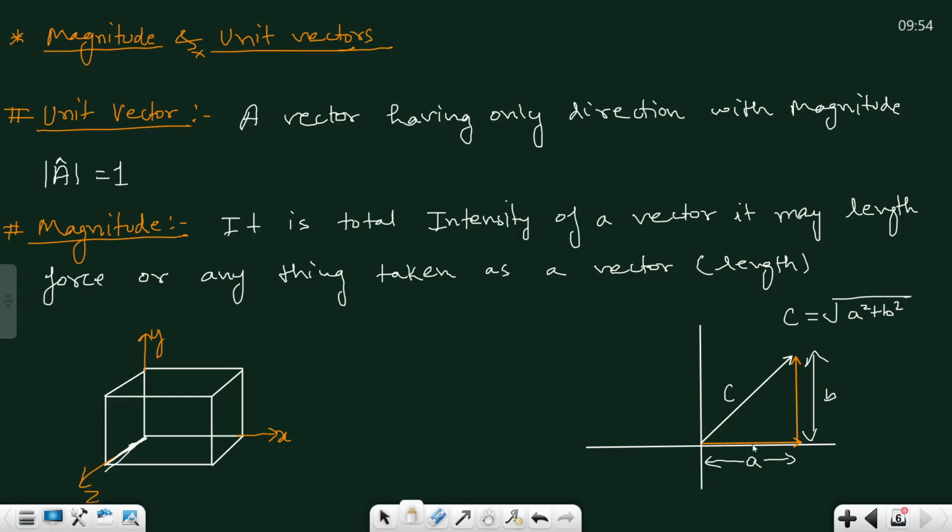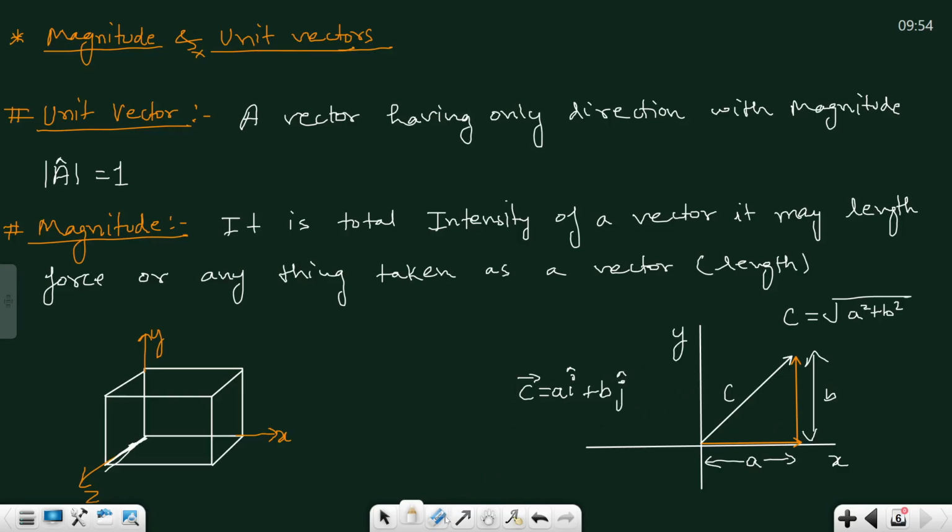So this vector is having two parts. One is along x-axis and another is along y-axis. So this C vector is equals to A i, because we are moving in plus x direction, so we will take i. So A is magnitude and i is the direction, plus i direction. Then the second one is B j cap.